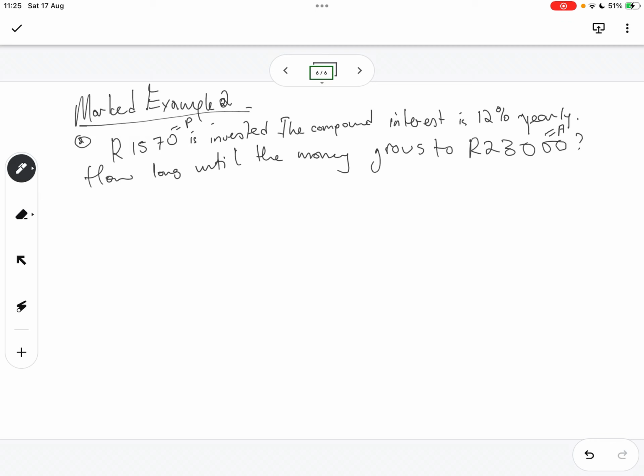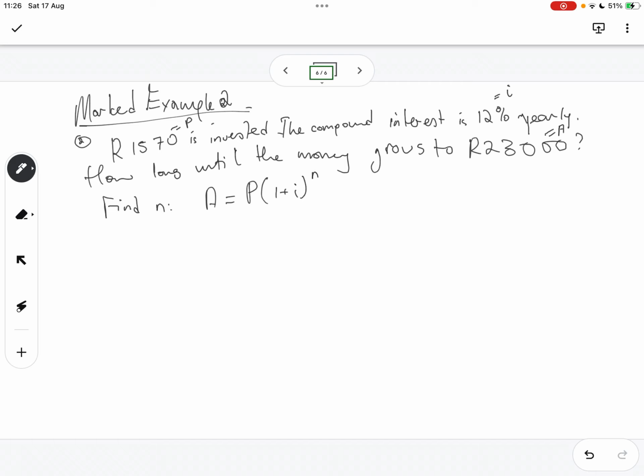The final amount, the A. Okay, that's good. So we're looking for the number of years, which is n, right? So we've got our interest rate, and we must find n.